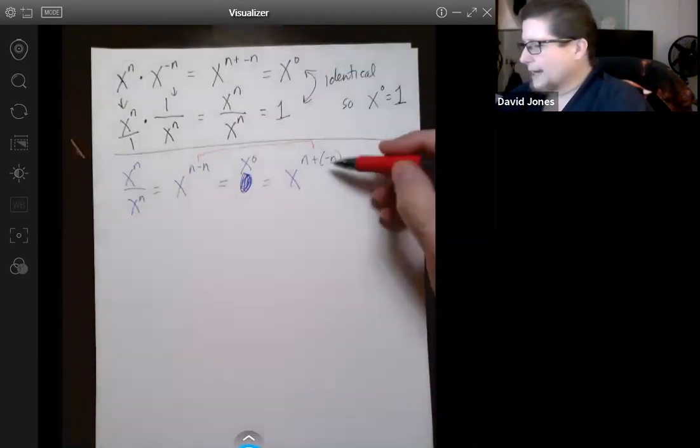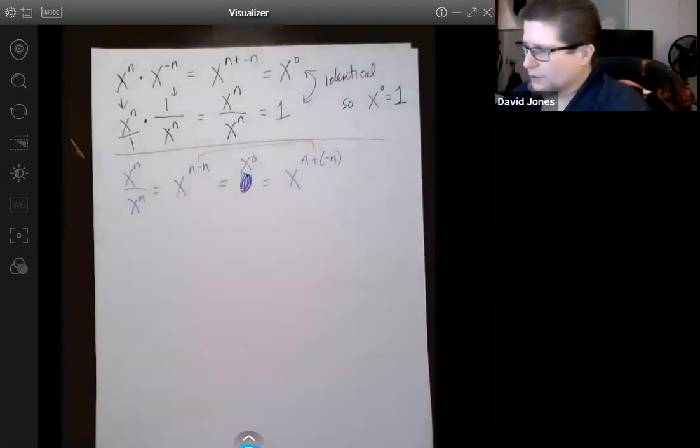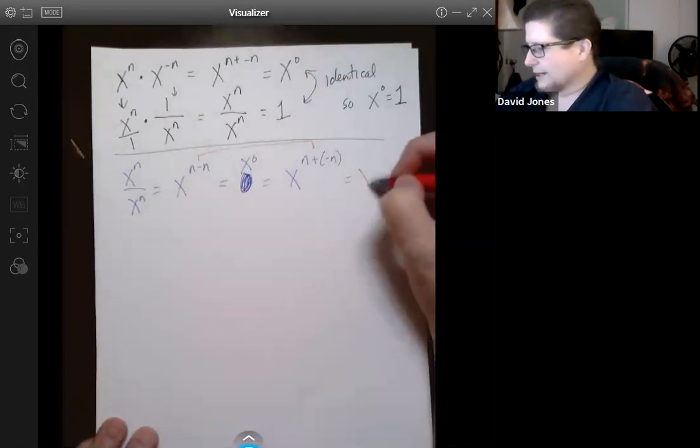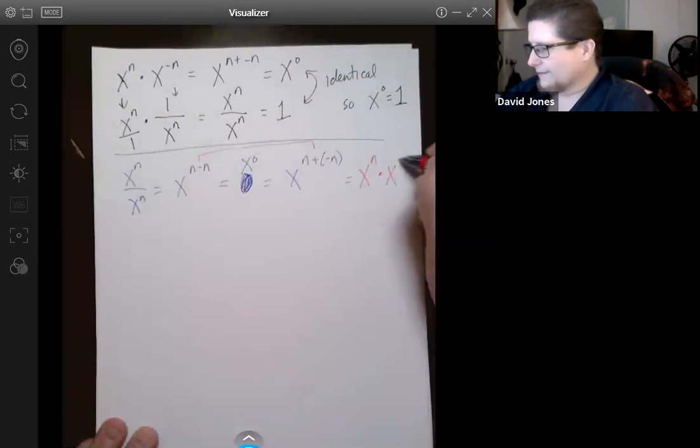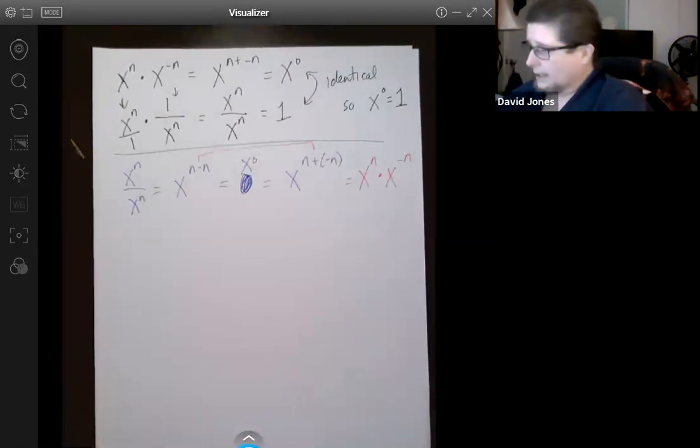And the rule that we had where we add exponents led to multiplication shows that these are x to the n times x to the negative n. That might help clear it up a little bit.